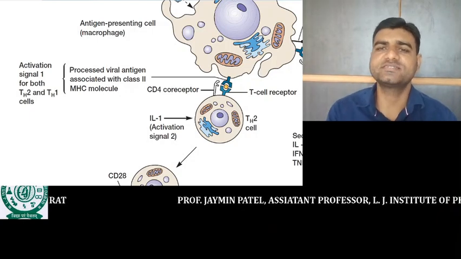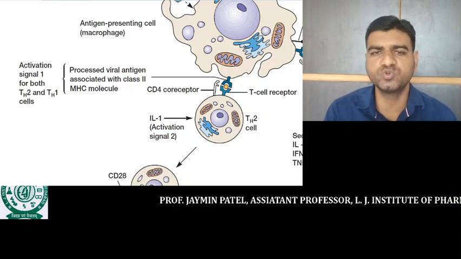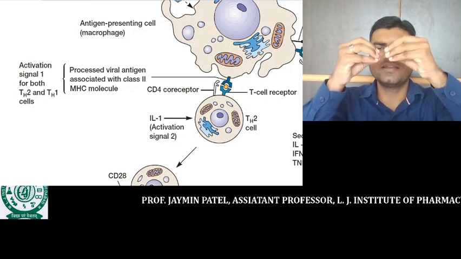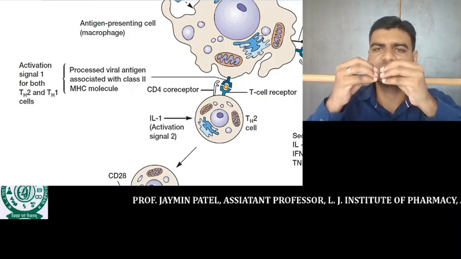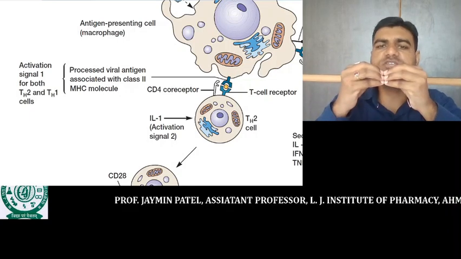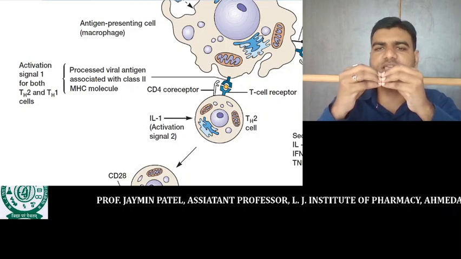These fragments with the MHC class 2 are detected by the Th2 cell, which connects to the MHC class 2 by the T cell receptor. When the T cell receptor and MHC class 2 are connected, it provides the first signal for the activation of the Th2 cell.